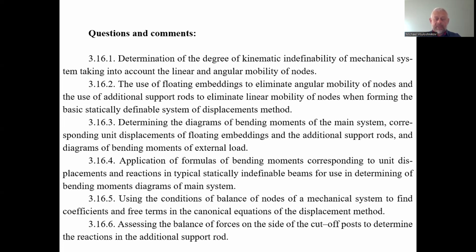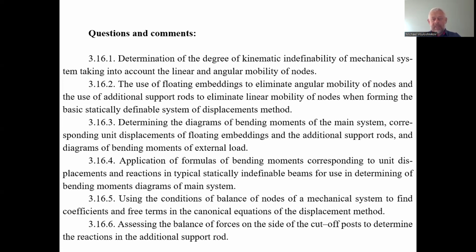these elements of the mechanical system, and using the diagram of bending moment, finding the diagram of the transverse forces, we sometimes can consider the balance of another piece of the mechanical system, like this one, which goes along the same straight line as the direction of the installation of the extra supporting rod.